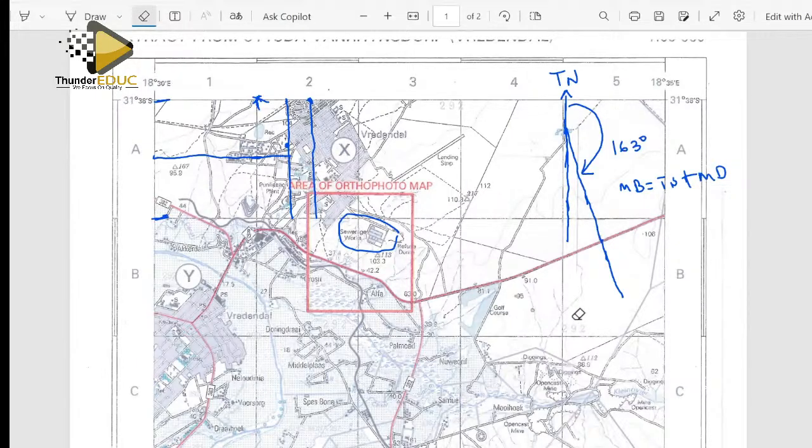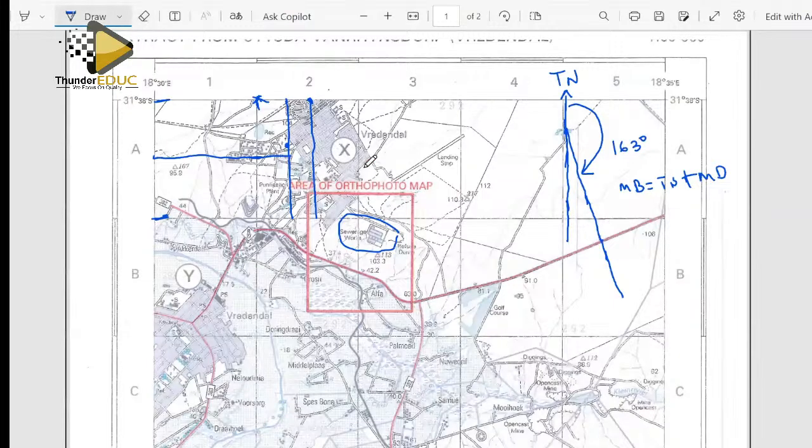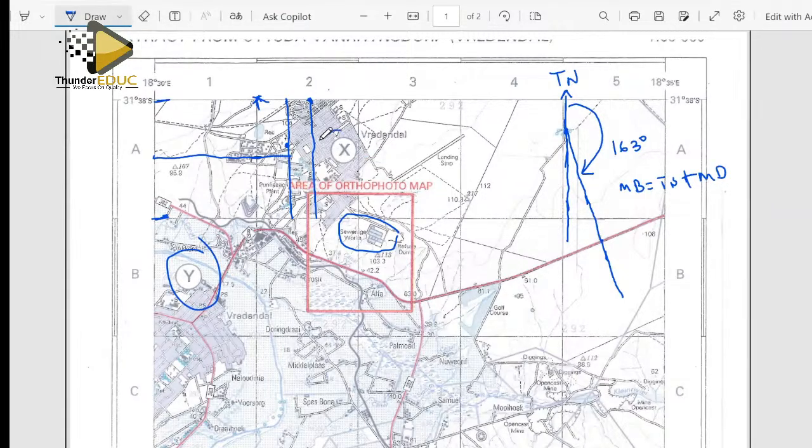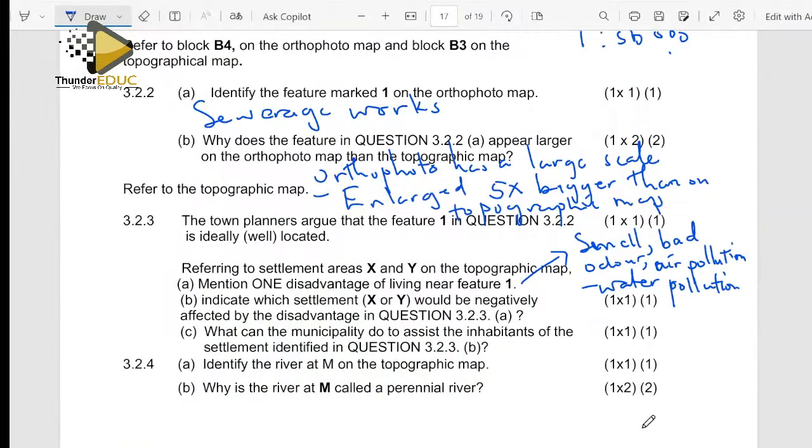And our Y is here. For the reason of distance, we are seeing where X is located and where Y is located. Arguing based on the reasons, we justify that X is the one which is most affected because it's much nearer to the feature. So the one that will be affected is settlement X.